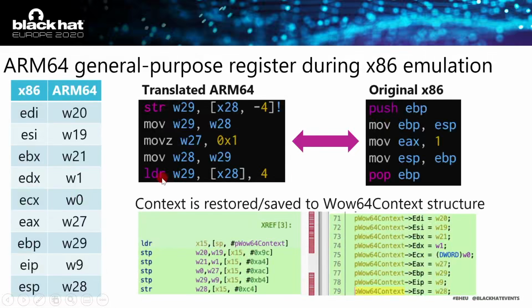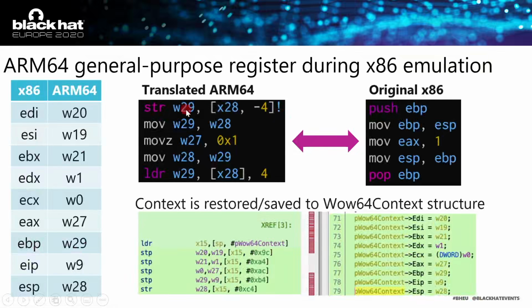During emulation, ARM general purpose registers have special meanings, and each ARM register corresponds to an x86 register. This table shows the relationship between these two architectures. By using this table, we can understand this translated ARM code.